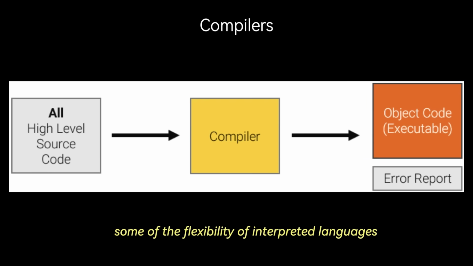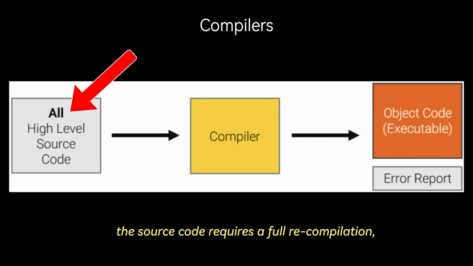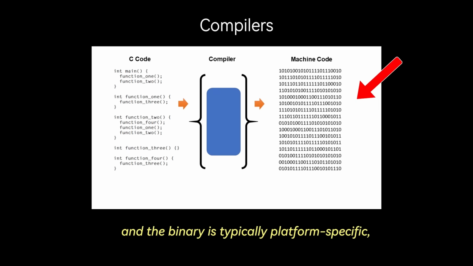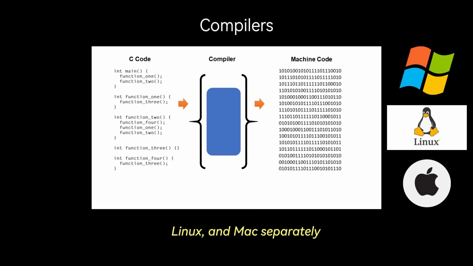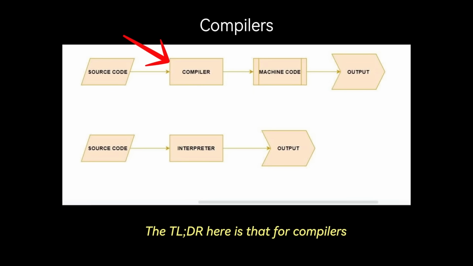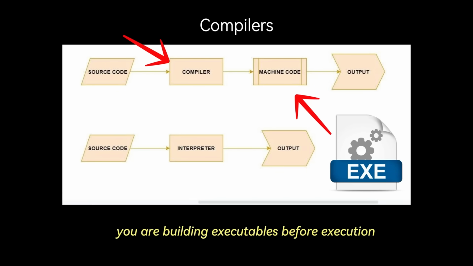However, they lack some of the flexibility of interpreted languages. Any change to the source code requires a full recompilation, and the binary is typically platform-specific, meaning you need to recompile for Windows, Linux, and Mac separately. The TLDR here is that for compilers or ahead-of-time compilation, you are building executables before execution.